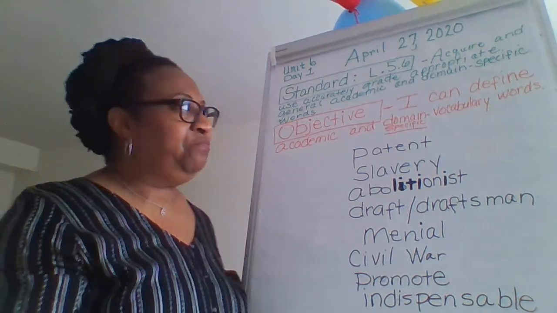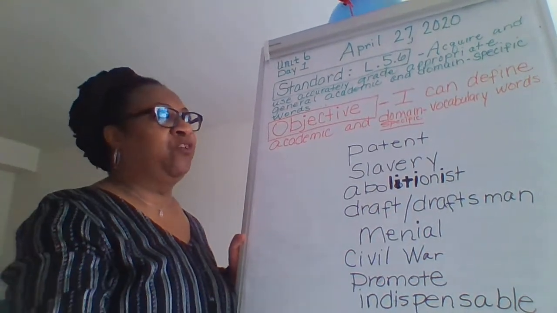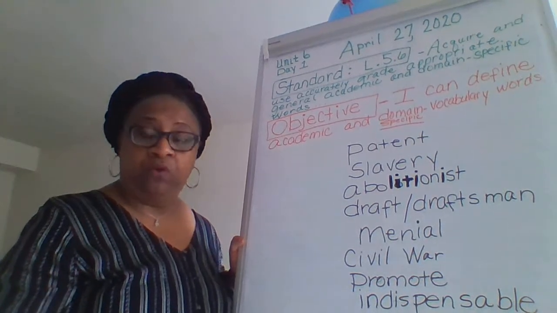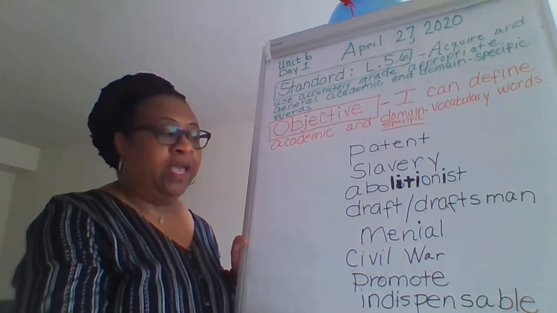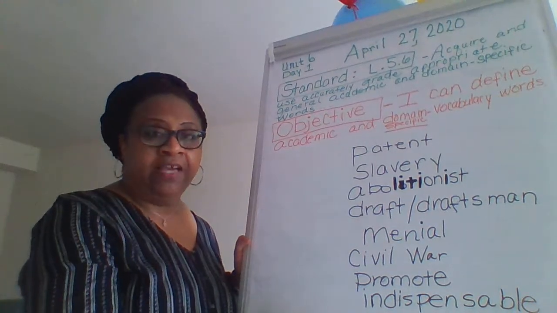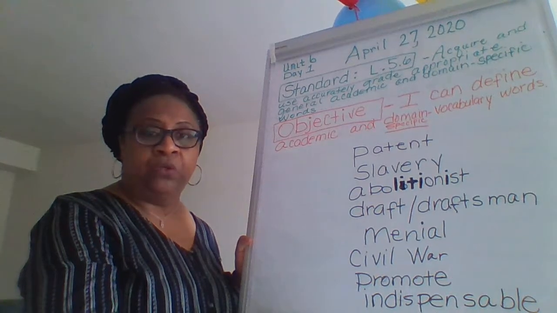So our objective is I can define academic and domain specific vocabulary. So that's what we're going to be doing. We'll be defining words, and we will also be working with those words in a different activity. Activity 1, we will define our words.